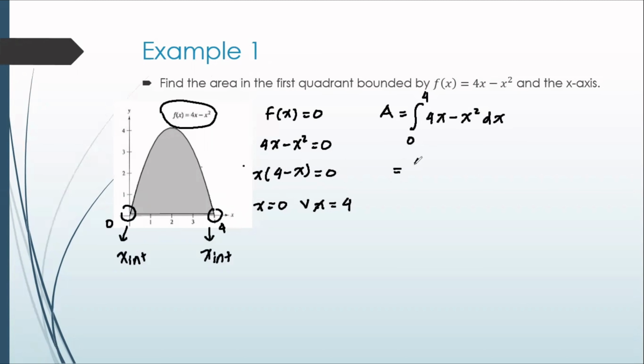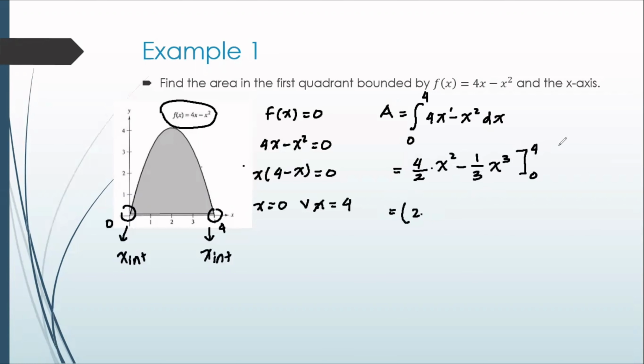So you will have 4 over 2 times x to the power of 2, because the power is 1, minus 1 over 3 x cubed. The boundaries are 0 until 4. This one we call a definite integral. So we can calculate like this.